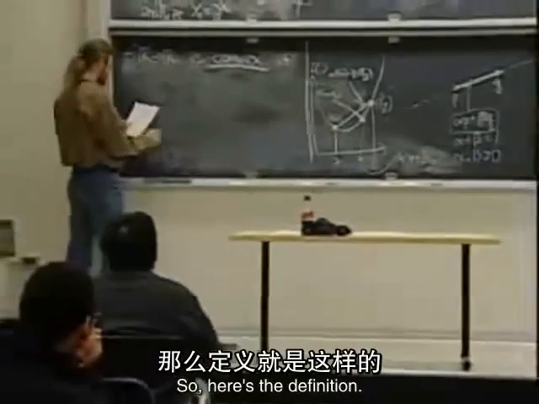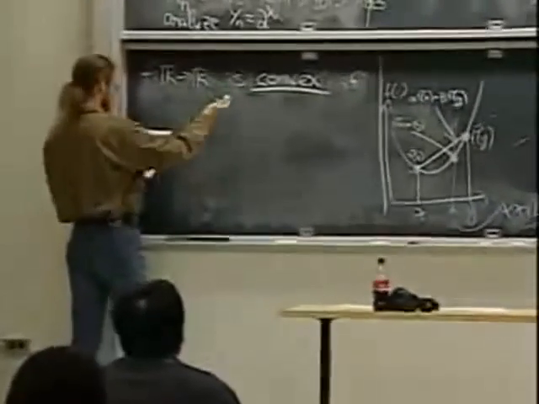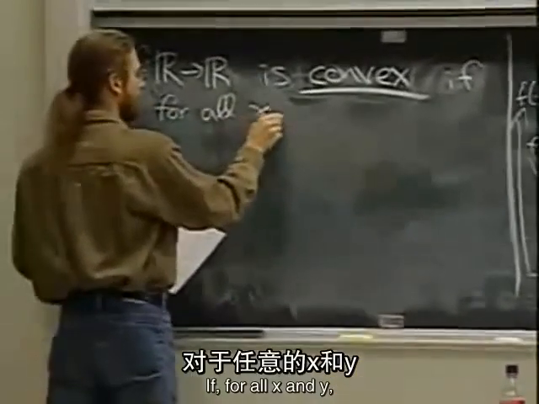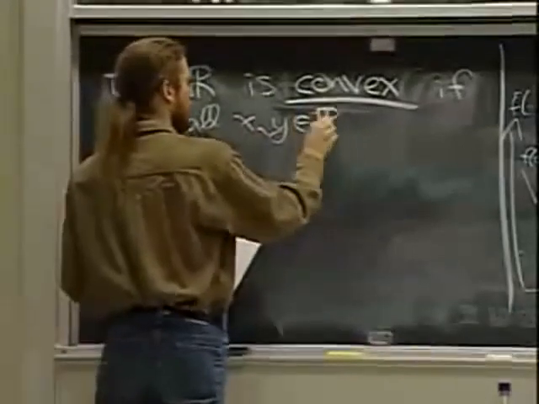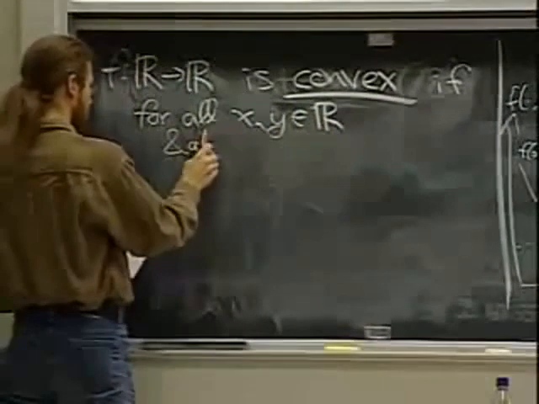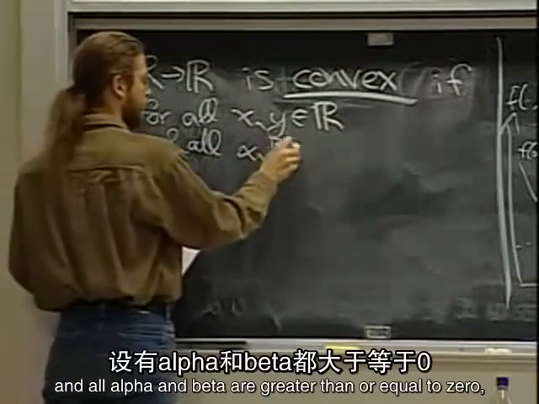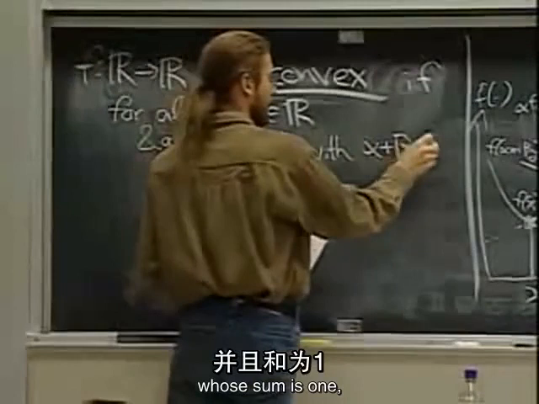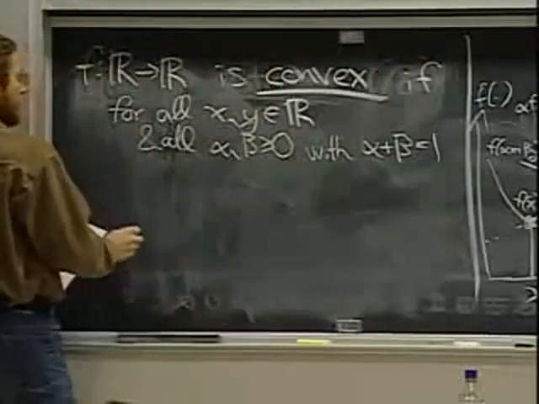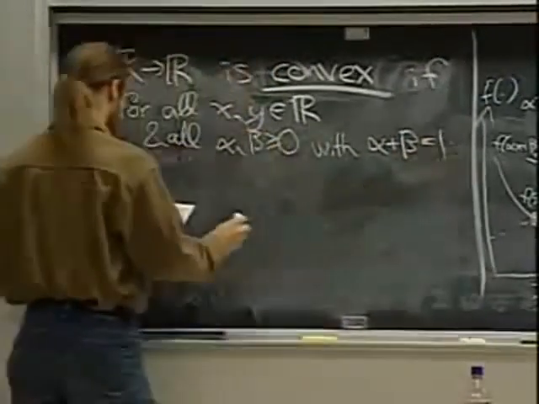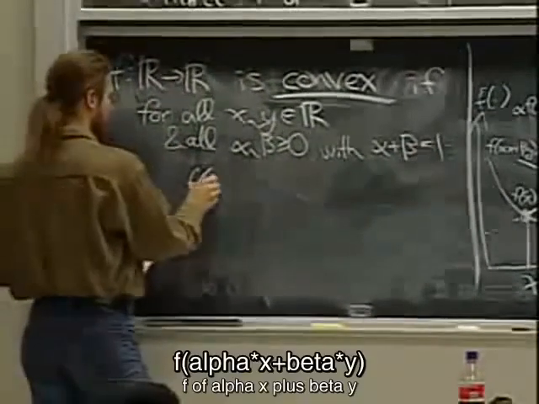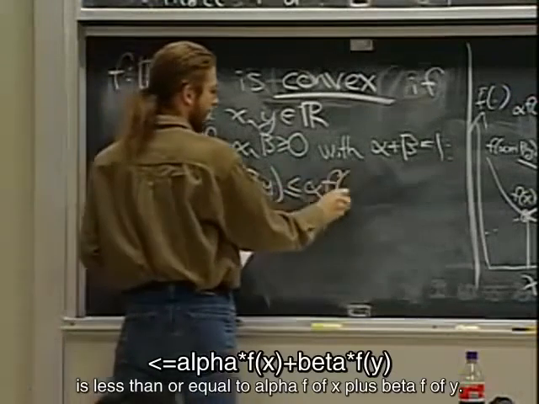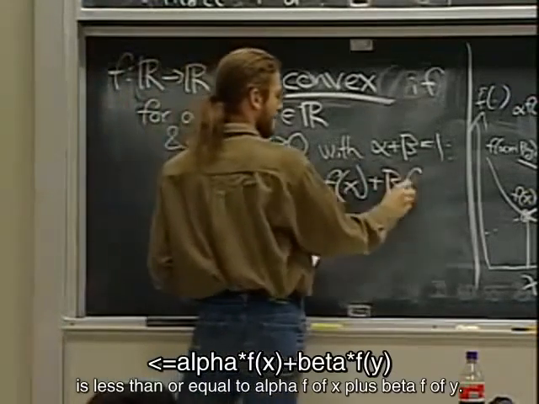So here's the definition. A function is convex if for all x and y, and all alpha and beta greater than or equal to 0 whose sum is 1, we have f of alpha x plus beta y is less than or equal to alpha f of x plus beta f of y.